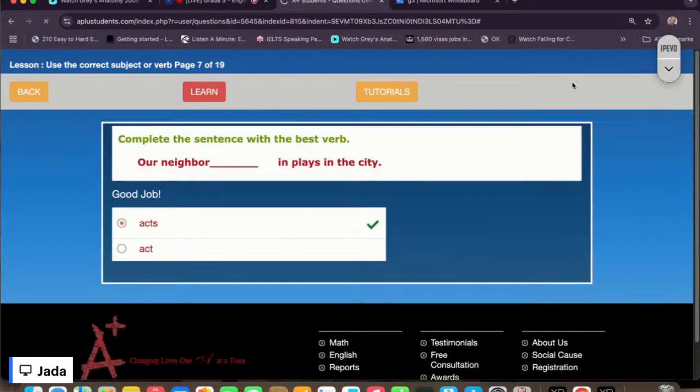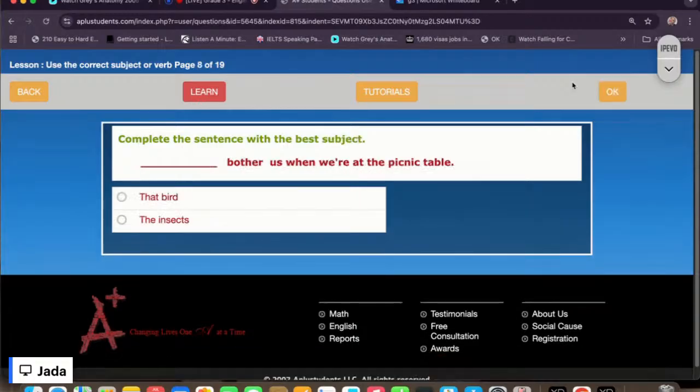So dash is dash bother us when we are at the picnic table. That bird or the insects, which of them?